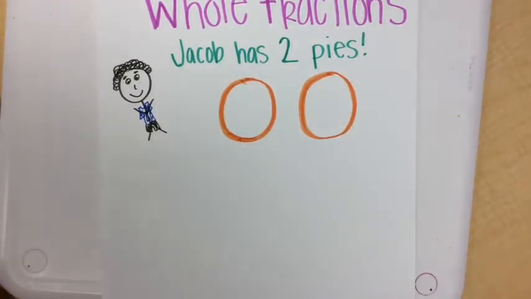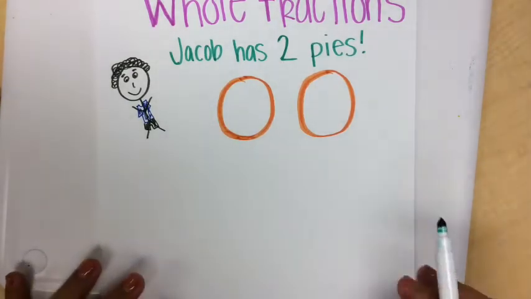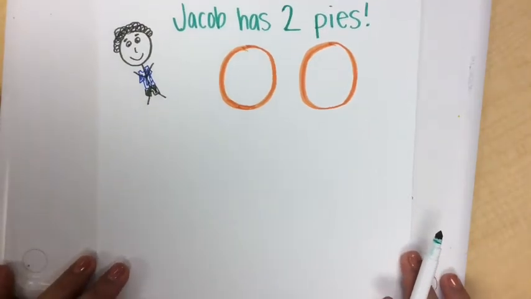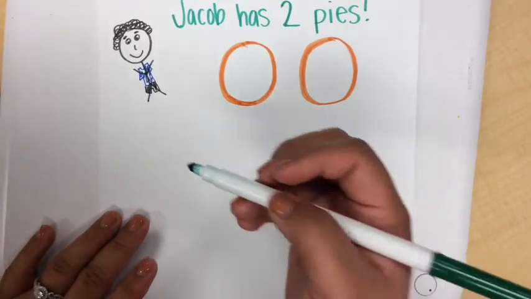All right, so Jacob has 2 pies. Let me see. Did I miss anything? Or did you just do that? No, this is because I went to go use the restroom. This is just what I did. Oh, okay. All right, so before I partition it, I want to tell you how much Jacob ate.